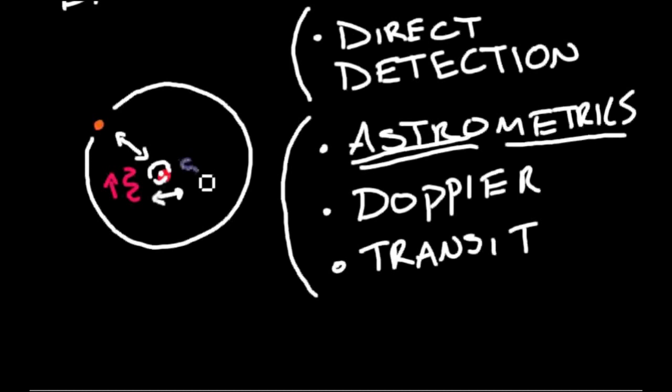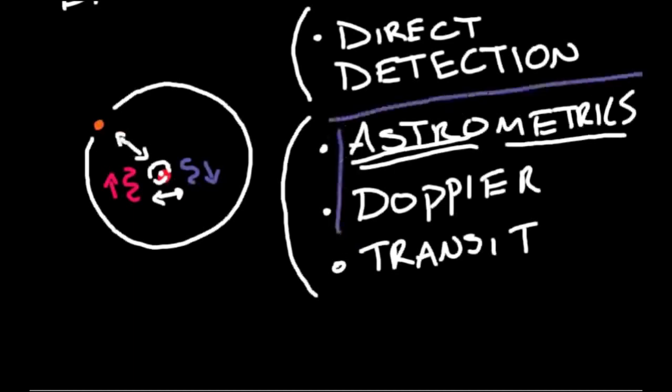But if it's blueshifted, we know that it's moving towards us. So we can figure out what this little movement right here is based on the redshift and the blueshift. And from that, we can then go, okay, well, something again must be causing this motion to occur. So something has to be around it.